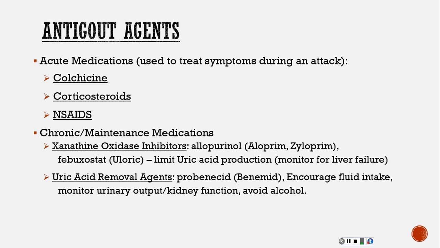All right. The second type is a removal agent. So for a uric acid removal agent, commonly you'll see Benemid. And what's doing the removal? Well, the kidneys. So to prevent extra strain on the kidneys, we want to encourage fluid intake, and also monitor kidney function, and monitor for kidney damage and failure.